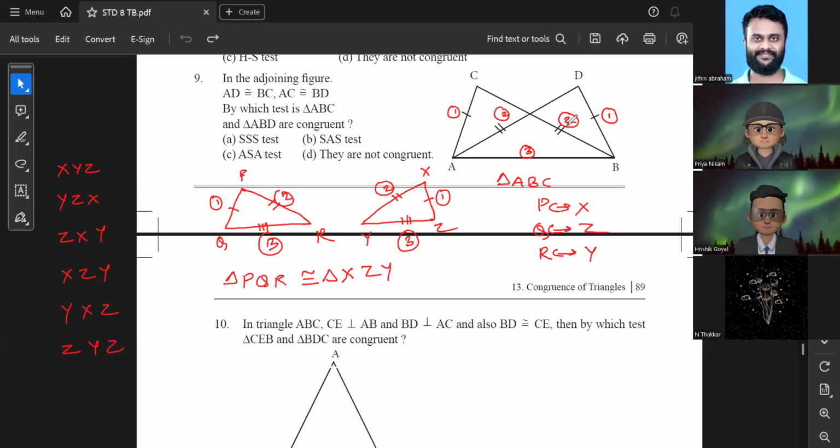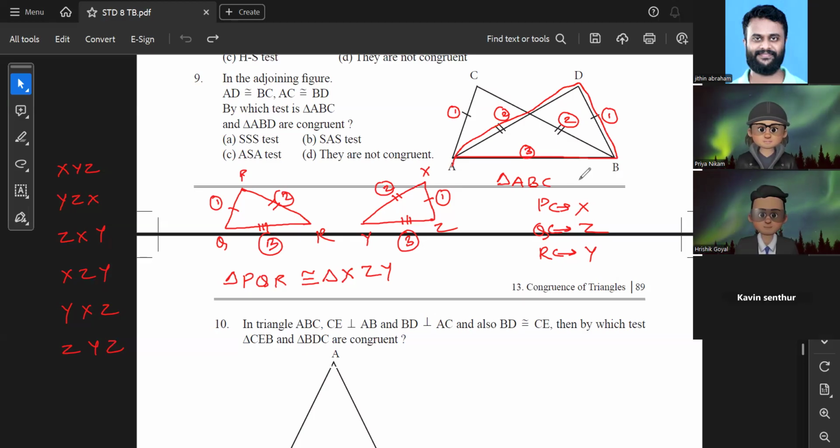Now for the triangle ABC, it is between first and third side. So for the triangle ABD, which vertex is between first and third side? B. Yeah, B. B is between first and third side. So the vertex corresponding to A will be B over here. Clear? Yes, sir.